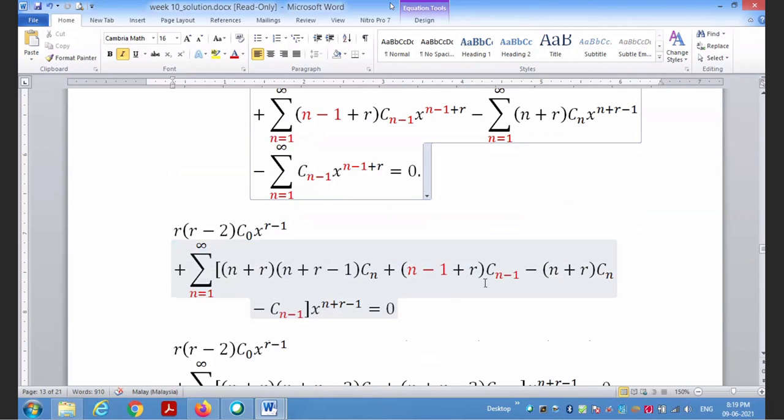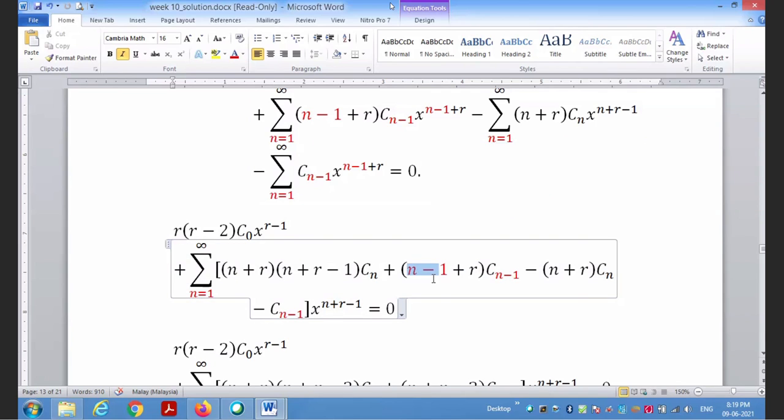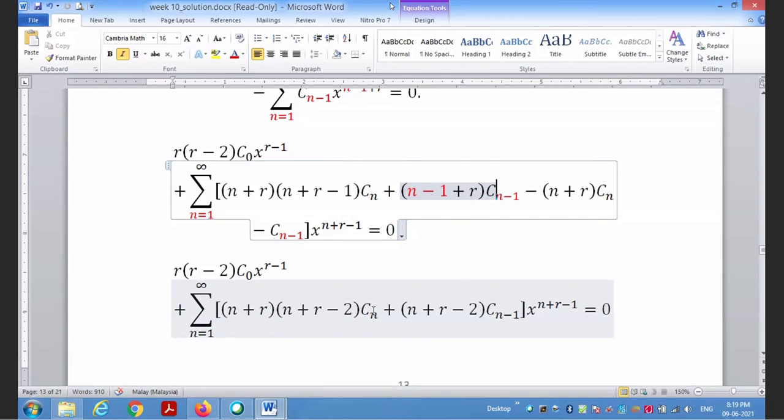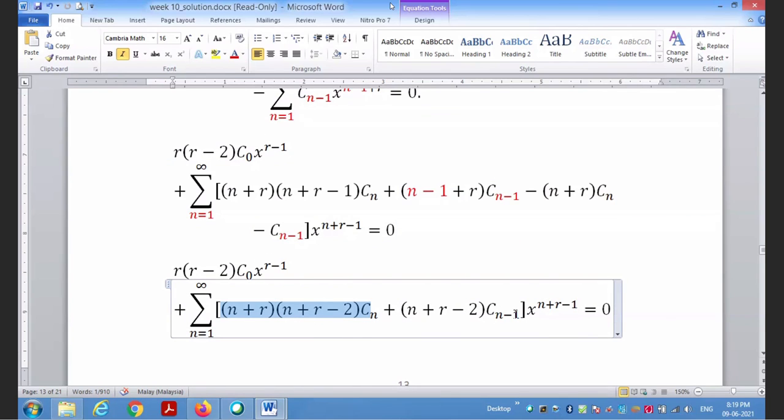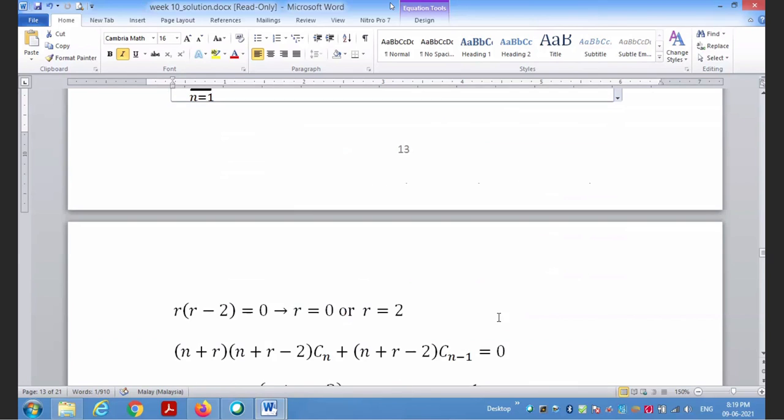So you combine these two. Now you combine this Cn and then Cn minus 1, the same power, equal to 0.